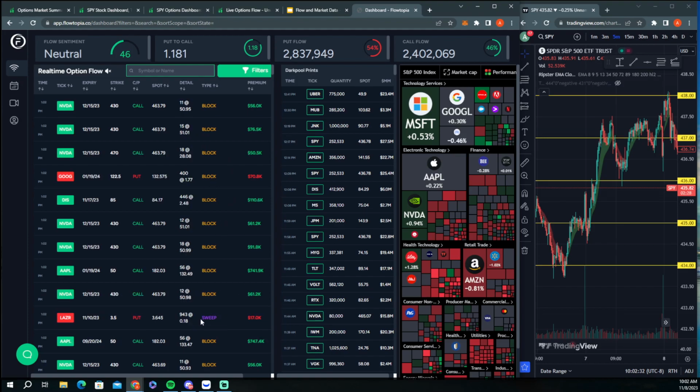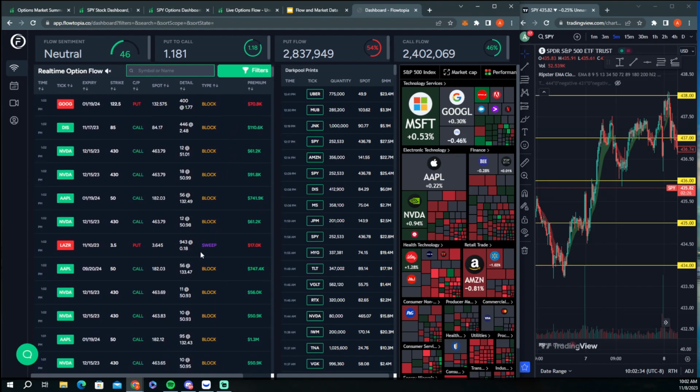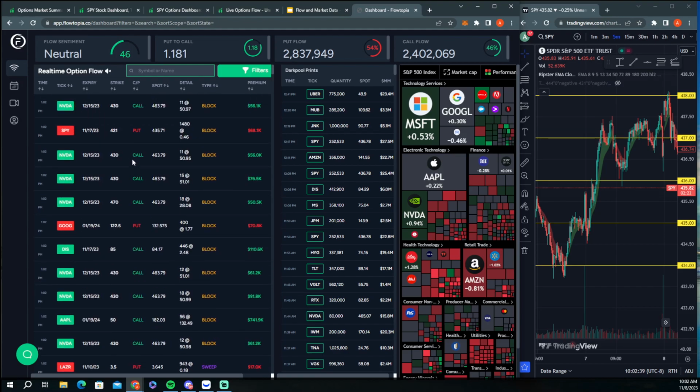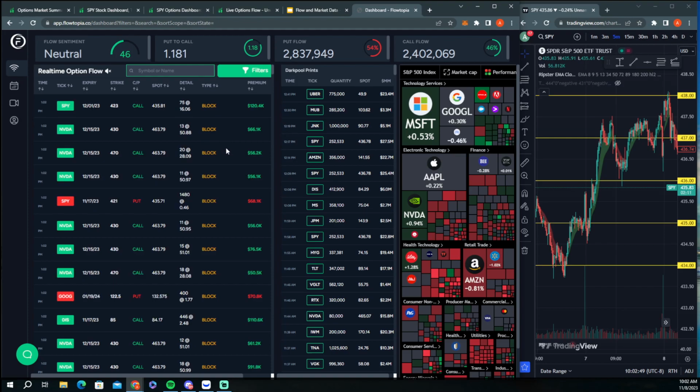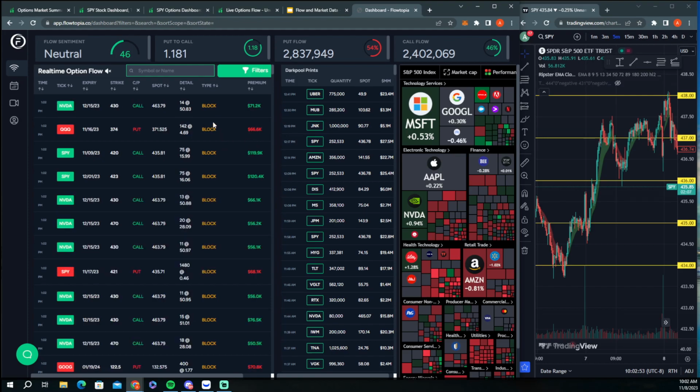But sweeps, on the other hand, are very good because they can be very, very aggressive orders, per se. So I wouldn't say it would be the green light to buy it, but I would definitely be watching very close on the sweep orders, especially multiple sweep orders. If there's a ton of them and millions of dollars going into a specific option contract, then that would open my eyes a little bit more.